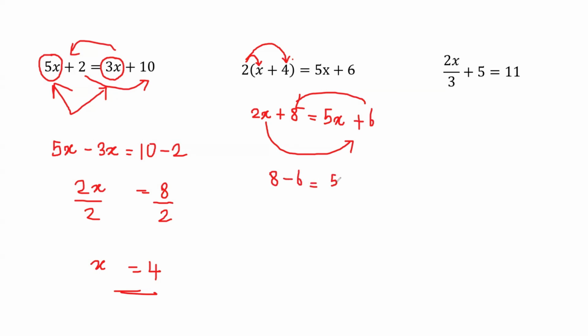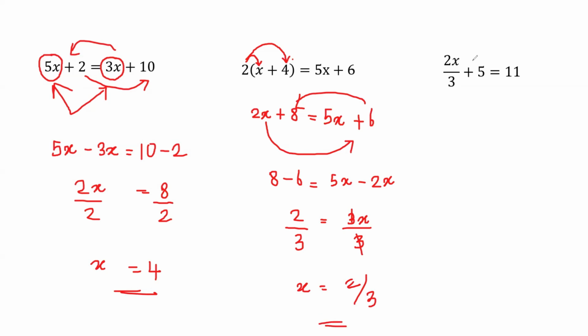So 5x will be there and this gets minus 2x here, and 8 minus 6 is 2. 5x minus 2x is 3x. Now we have to divide by 3, so we isolate x and divide by 3. These two are getting cancelled. So x is equal to 2 over 3.